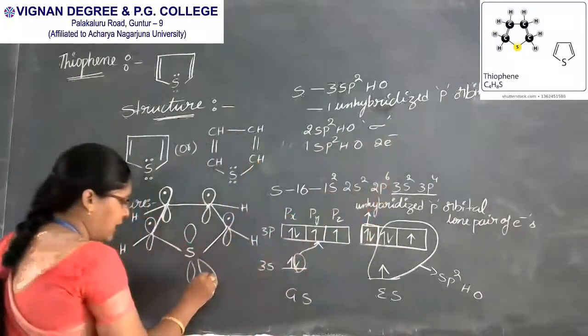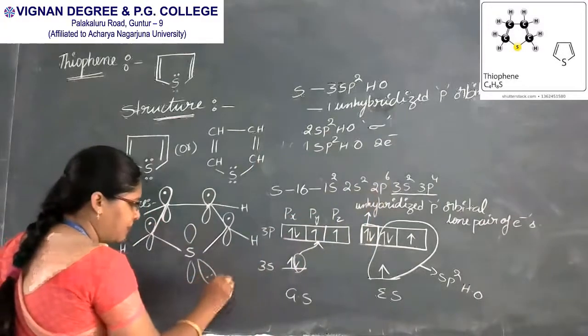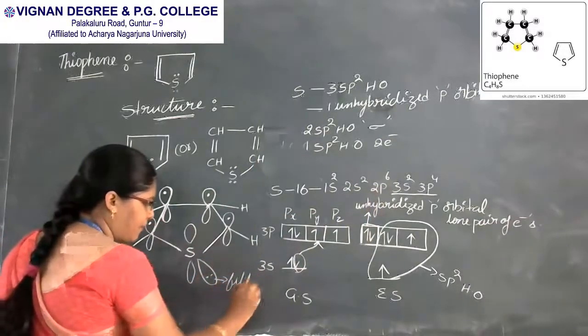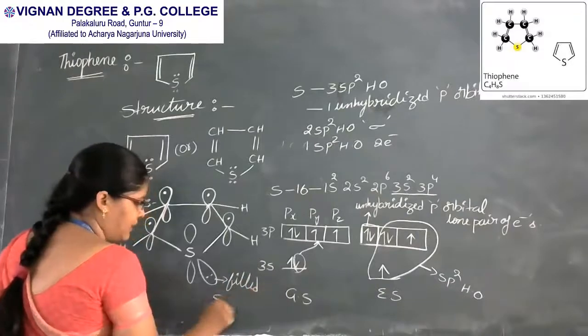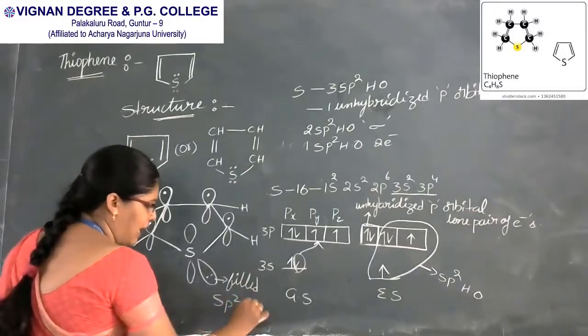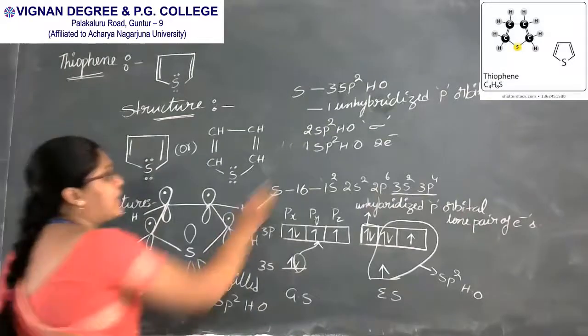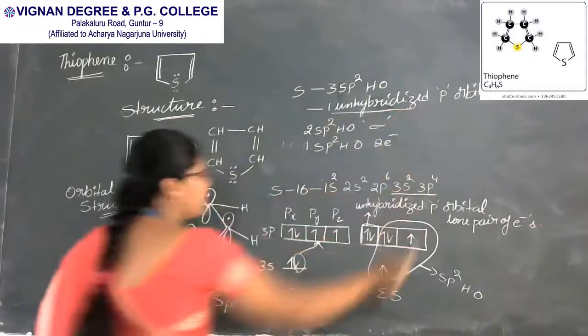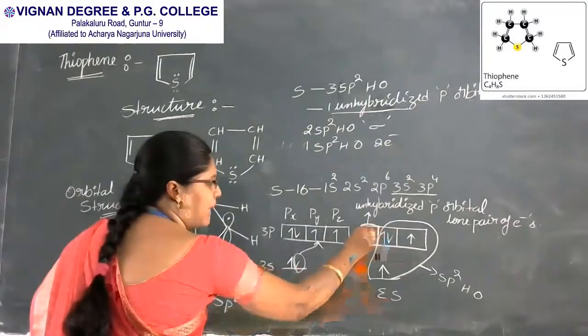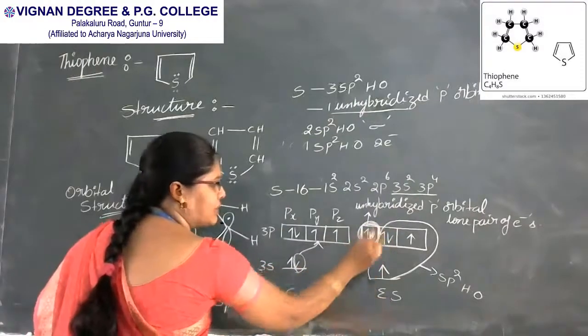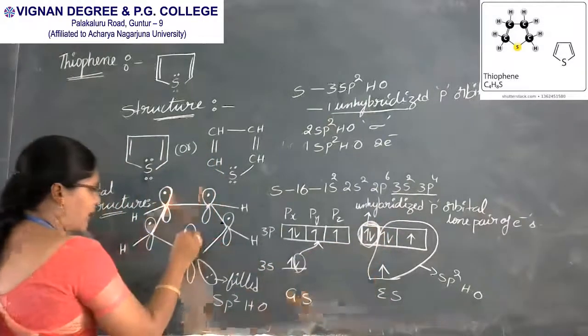That means it is a filled sp2 hybridized orbital. The sulfur atom also contains one unhybridized p orbital, which contains a pair of electrons.